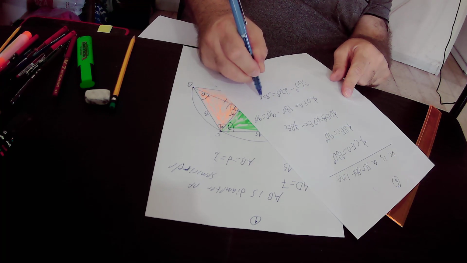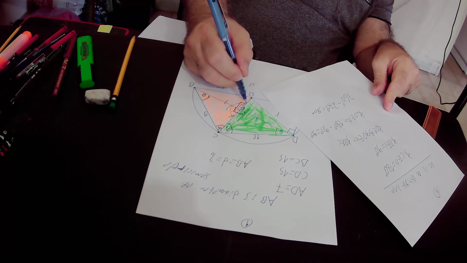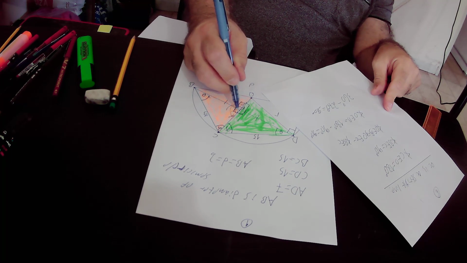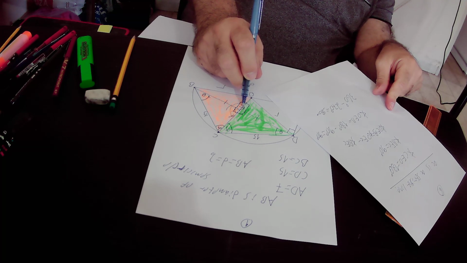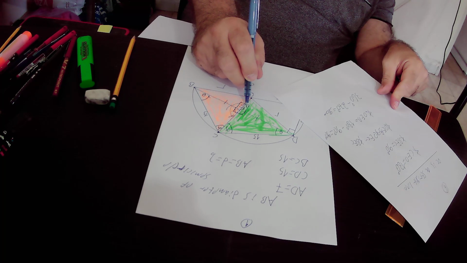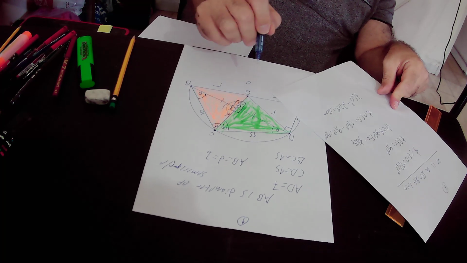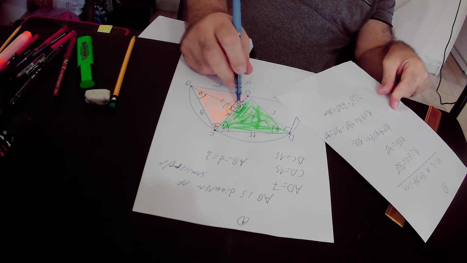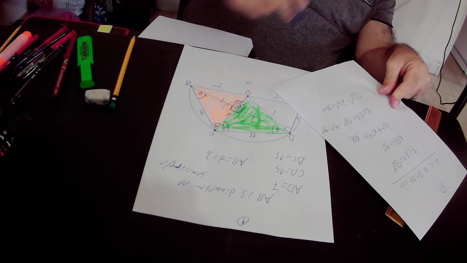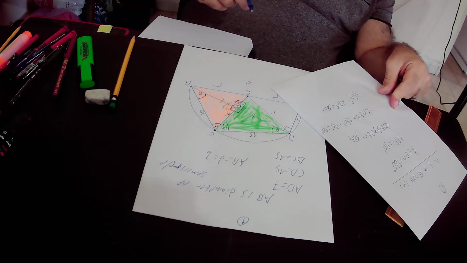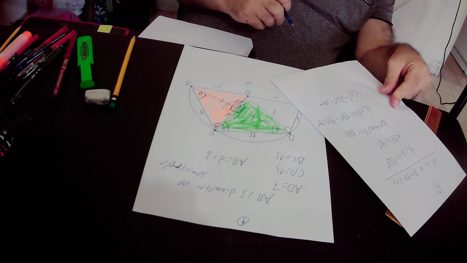So this angle is also equal to 90 degrees, and in this way the sum of the angles around point E is 90 times 4, 360 degrees. So all four angles around point E are equal to 90 degrees.